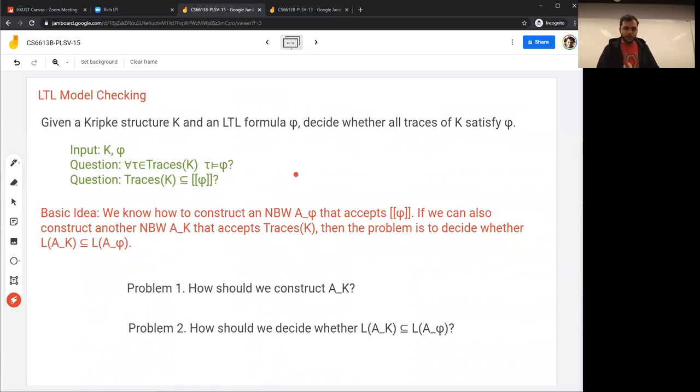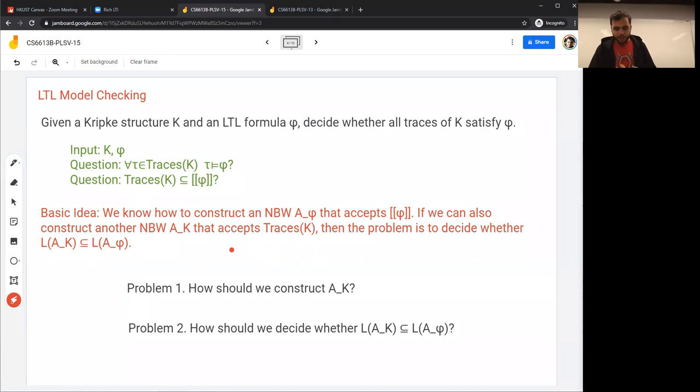But I think that becomes more complicated than what we're doing here, because what we're doing here gives us a little bit of uniformity, in the sense that instead of having an LTL formula and a Kripke structure, we just have two objects of the same type. They're both automata. So it's about just the computation. Yes, and also at the end, the runtime would be better if we do this. So we will see.